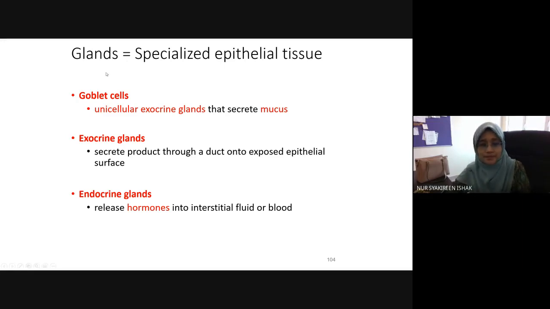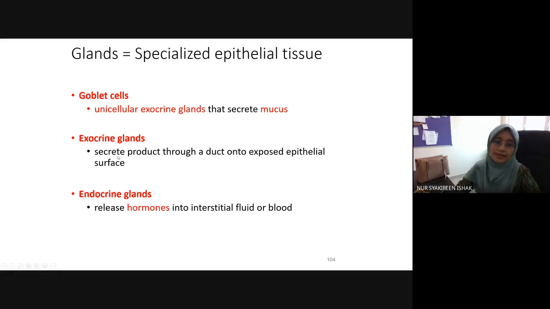Inside the stomach, you will have goblet cells that secrete mucus and prevent the lining of the stomach from being damaged by the acidic condition of the hydrochloric acid. And then the next one is exocrine glands.